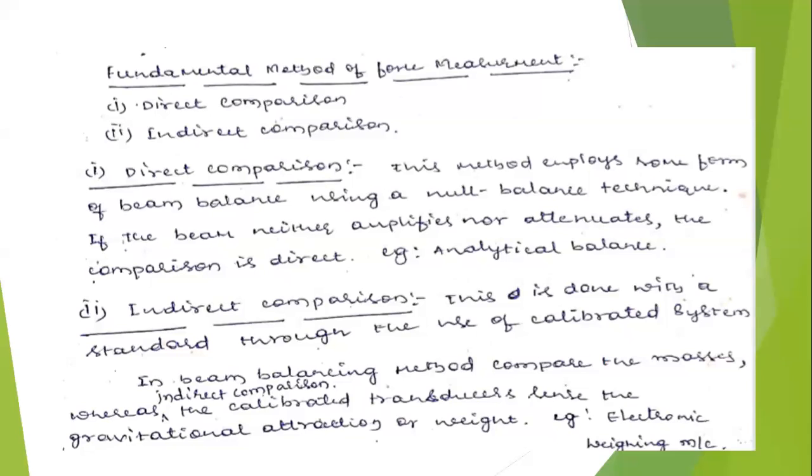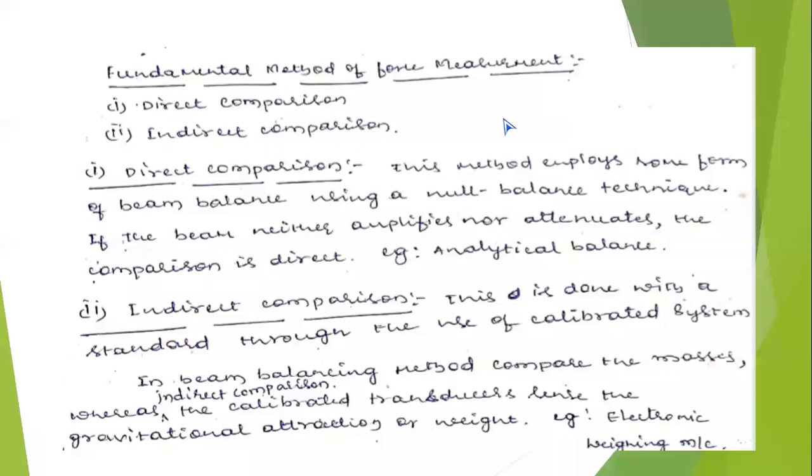The platform is connected to the strain indicator, that is the electrical resistance strain gauge. Whatever you keep on the platform directly affects the characteristics of the strain gauge, that is, the change in the resistance. That change in resistance can be measured by using a simple current sensitive circuit, or you can use a Wheatstone bridge.